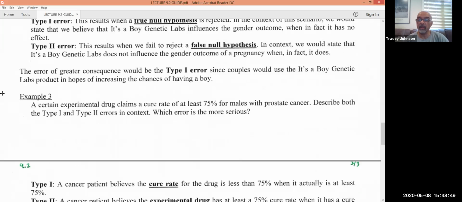Okay, here's another example. Example 3. A certain experimental drug claims a cure rate of at least 75% for males with prostate cancer. Describe both the type 1 and type 2 errors in context. Which error is the more serious?